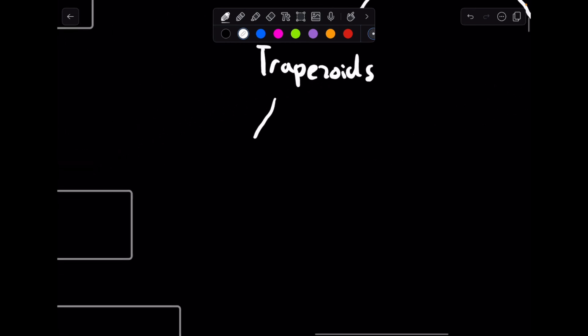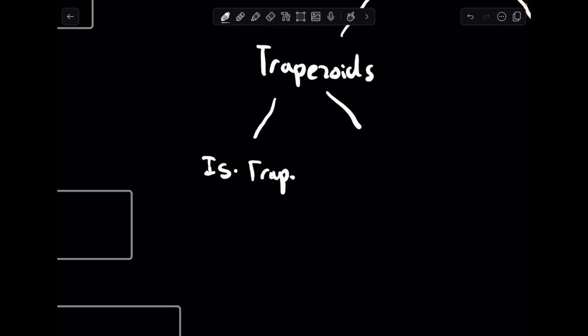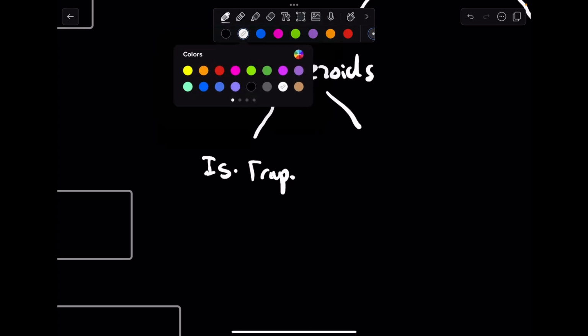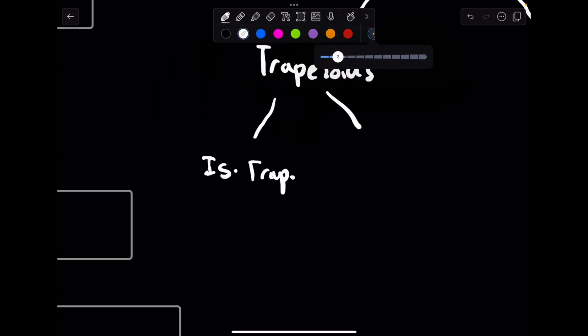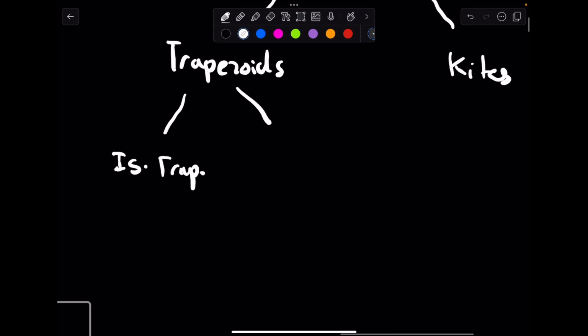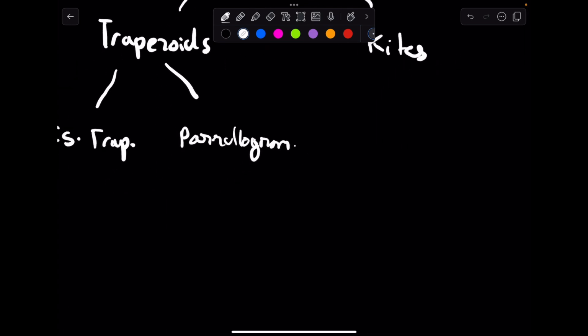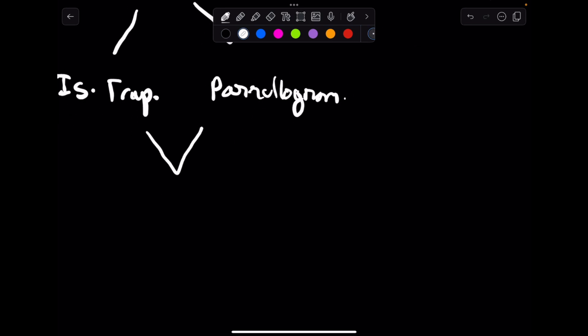Trapezoids make isosceles trapezoids. And trapezoids also make parallelograms. And these combined make a rectangle.